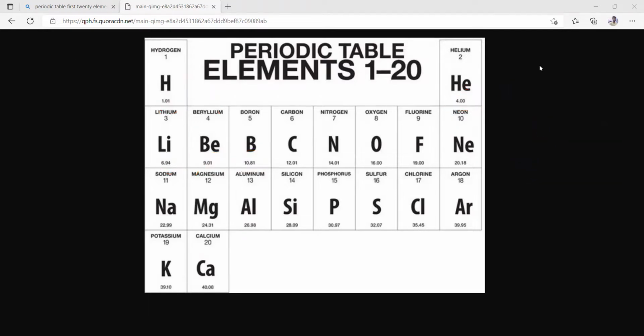Right. You tell this one. B. B is the symbol for which element? Boron. Okay, very good. Boron. Now you write the standard format of boron.